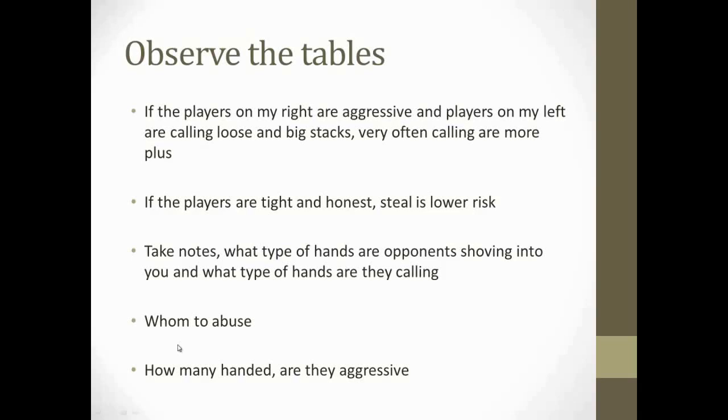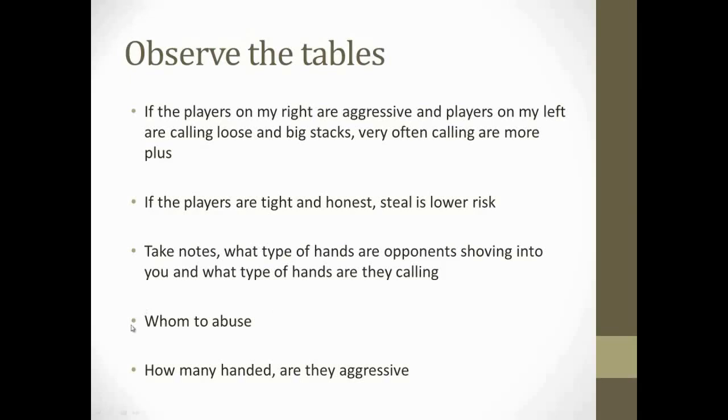But a lot of the time when they min raise, they just have weak hands, and they will just raise 2.2x or 2.5x with their strong hands. So there are many types of players, and it's really hard to know their tendencies if we don't take notes like this.